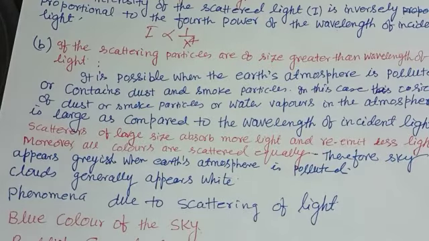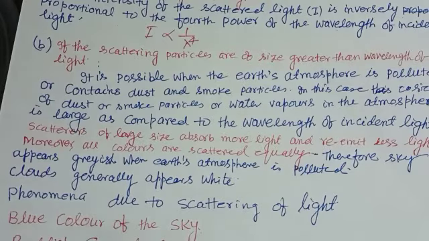The wavelength of blue color is much smaller than that of red color. Therefore, blue light is scattered much more than red color. Now, this point must be noted: the sky appears black in the absence of the earth's atmosphere, because no color is scattered in that situation.